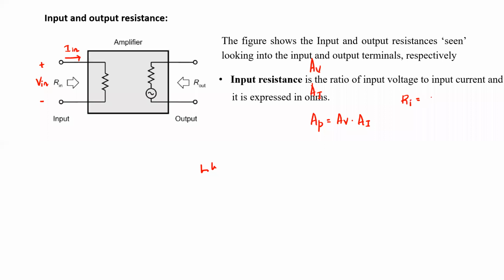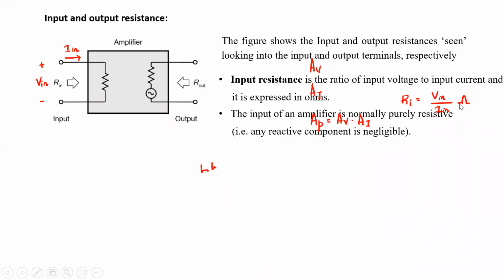Input resistance is the ratio of input voltage V in by the input current I in, and this is expressed in terms of ohms. That is what input resistance is, and it is always expressed in terms of ohms.